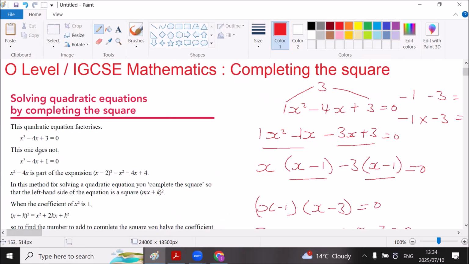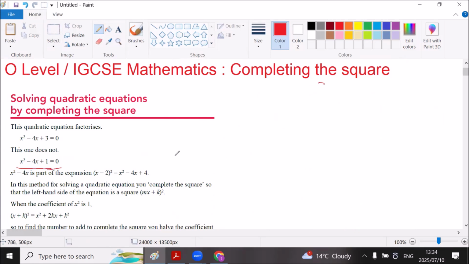Now, there are some equations which you cannot solve by factorization, since this expression cannot be factorized. In this case, we solve the equation by what is called completing the square.